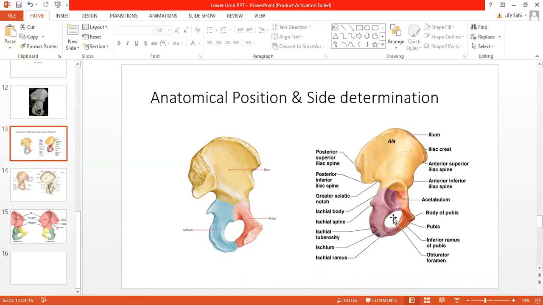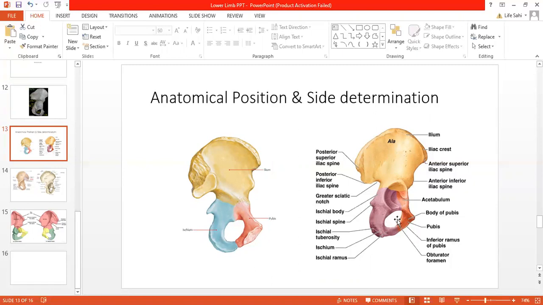The third point that we can take into consideration to understand the anatomical position of the hip bone is the obturator foramen. Obturator foramen is located below the hollow fossa acetabulum, and it is bounded anteriorly by the thin pubis and posteriorly by the thick, strong ischium.